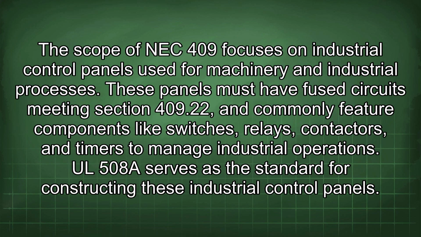The scope of NEC 409 focuses on industrial control panels used for machinery and industrial processes. These panels must have fused circuits meeting section 409.22 and commonly feature components like switches, relays, contactors, and timers to manage industrial operations. UL 508 serves as the standard for constructing these industrial control panels.